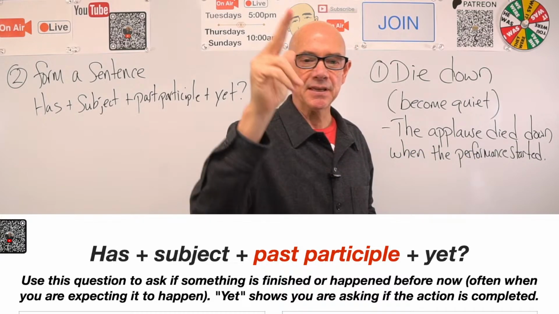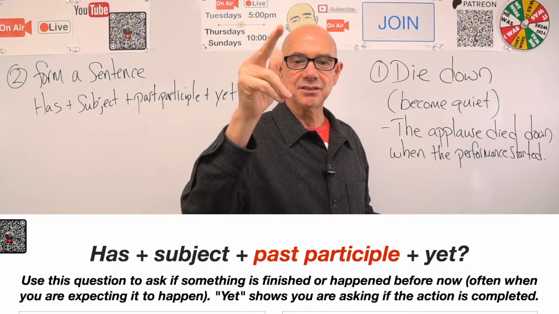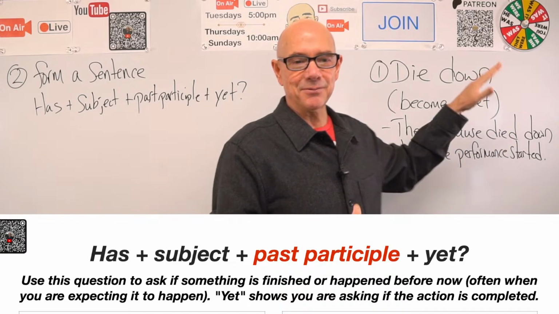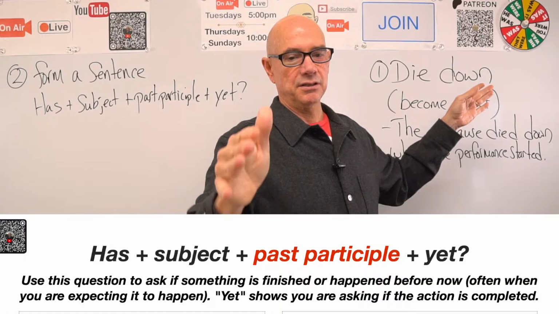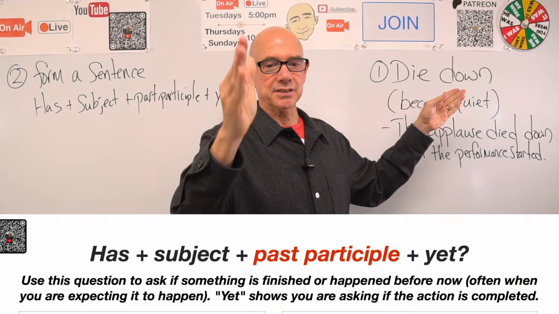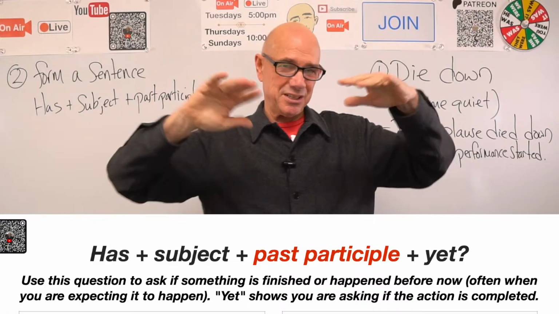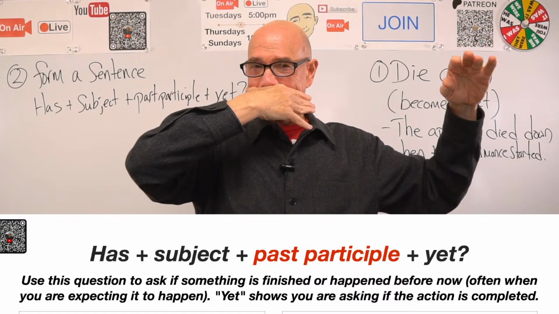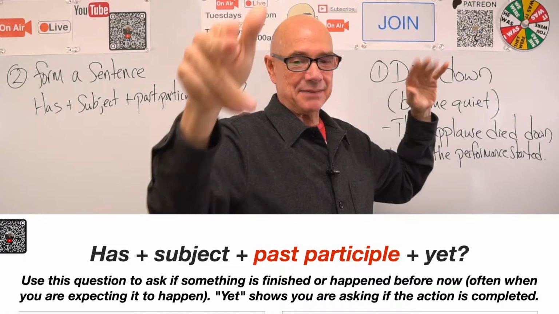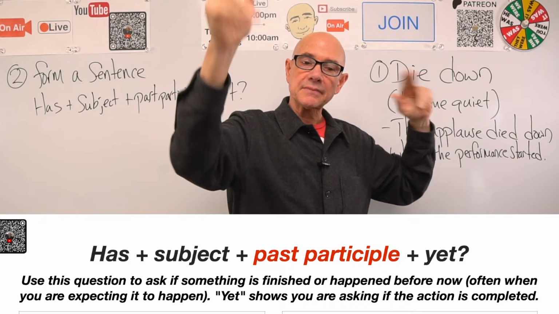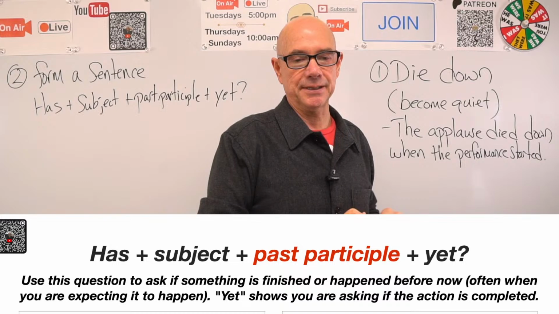Good, Katie. Iman, it is hard to make the New Year city die down. Iman, we don't need the to there. It's hard to make New York City die down. That's good. It's always busy, it's always noisy, right? There's always excitement. Good sentence, Iman. We just don't use to. So, die down only.